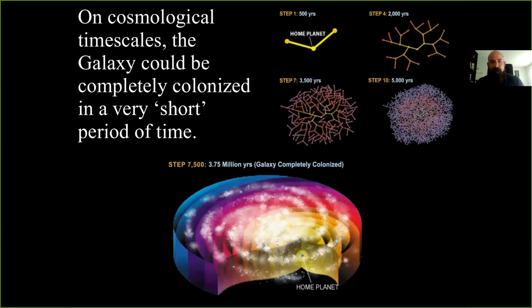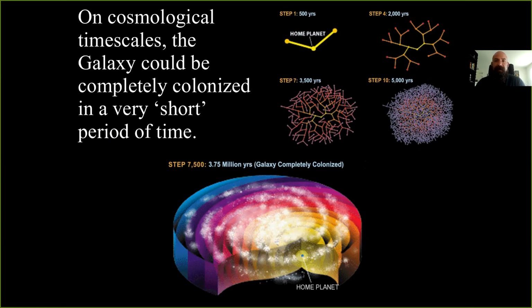So when we look at the galaxy, it seems really huge, and it is, several tens of thousands of light years across. But despite that scale, on a very short time scale by cosmological standards, in just a few hundred million years, the entire galaxy could easily be colonized, in fact, just in a few million years.